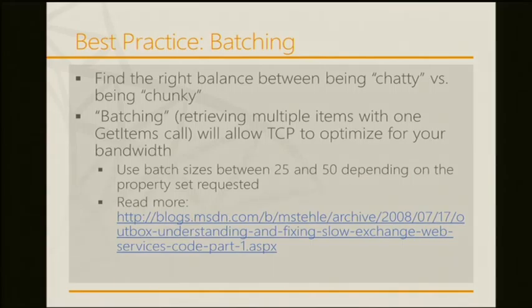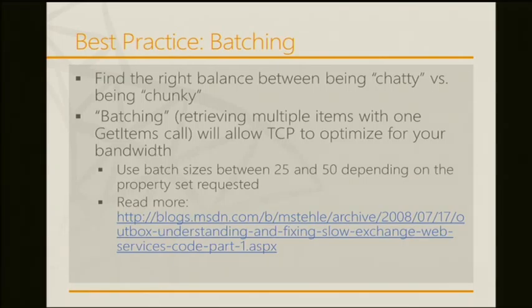So getting into some of the best practices here. The first step, and one of the things you might see, is when you're doing these find item calls and you're not using a page view, or you're using a get item call and you're just passing it 100 item IDs and trying to get all the properties back on that. You want to find a balance between being chatty and being chunky.